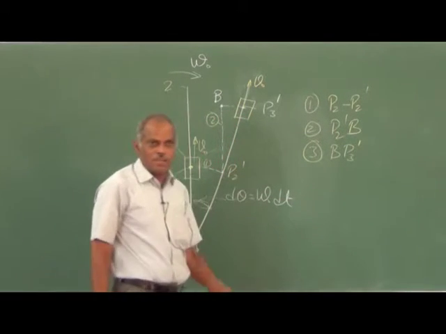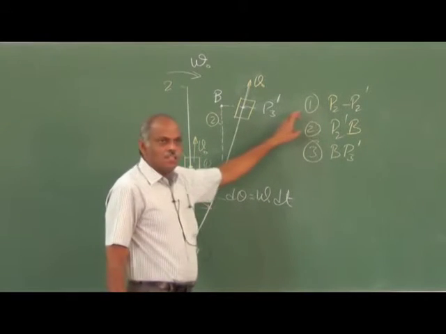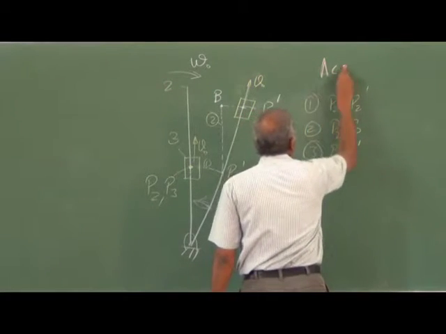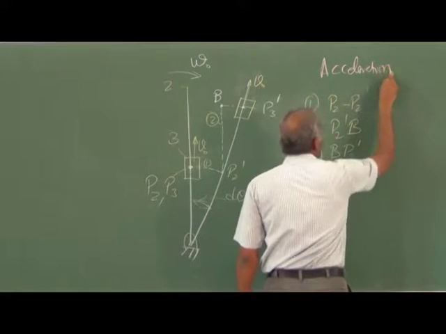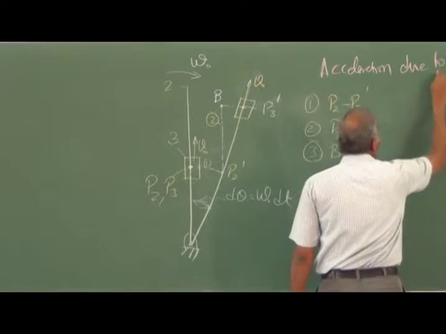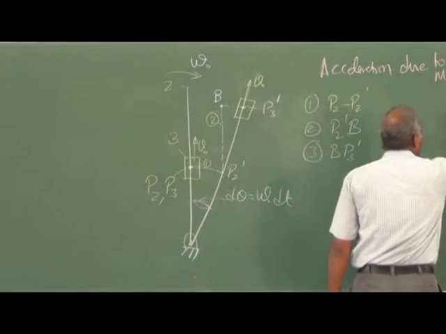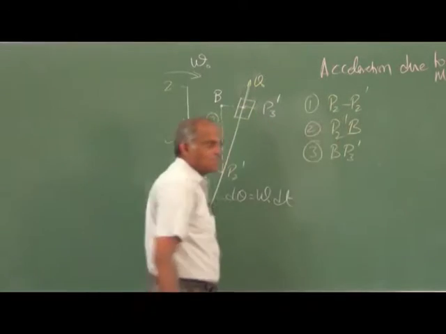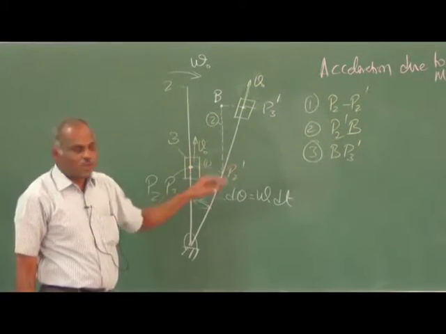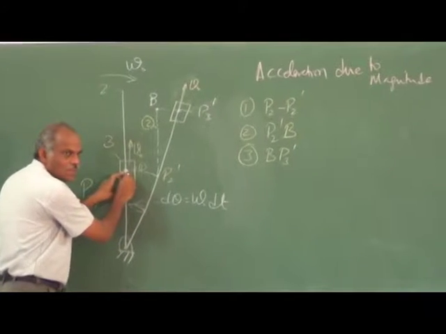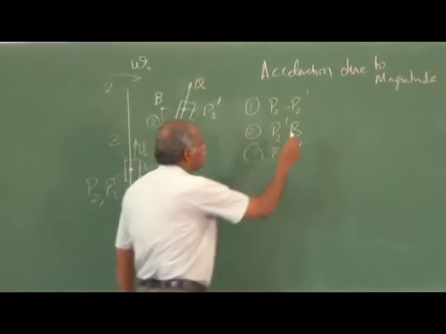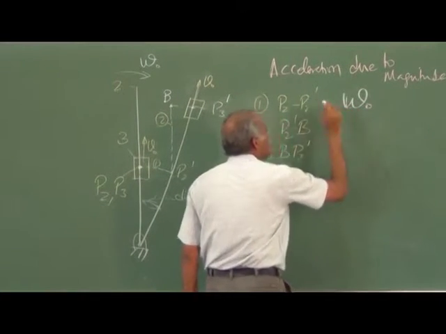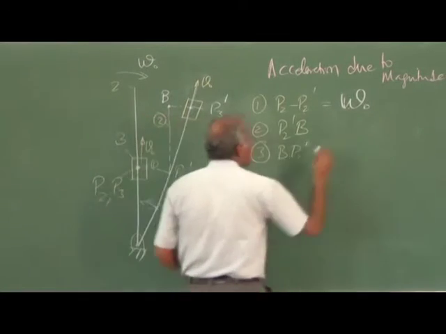If you take the acceleration due to the change in magnitude, then for P2 to P2 dash, the velocity of P2 is given by omega 0 times this distance.